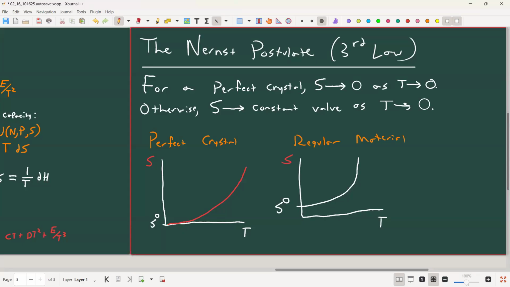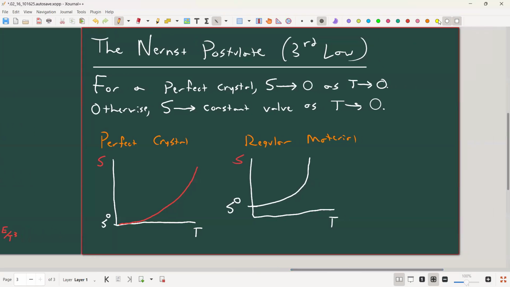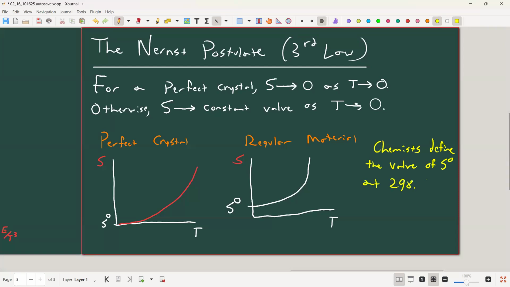Now, the way that chemists typically reference entropy is at 298 and 1 bar, right? To keep things consistent, chemists define the entropy at 298.15 and 1 bar, just like we do for enthalpy, so that we can compare them apples to apples in some sense.